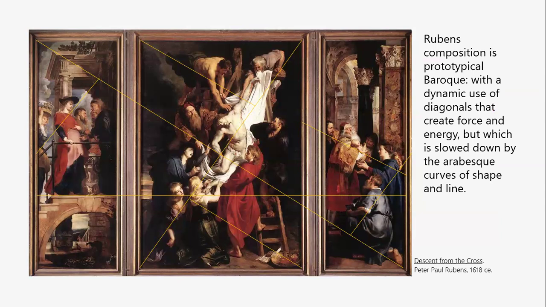All right. So here's an issue, right? This is the painting that you have to write the paper about. And in order to discuss this, I need to talk a little bit about some of the things that happen in Baroque composition. This is not always the case, but remember how I said in Renaissance composition they very much enjoyed triangular compositions, and many artists also really enjoy compositions that use one diagonal corner to corner or another diagonal corner to corner.